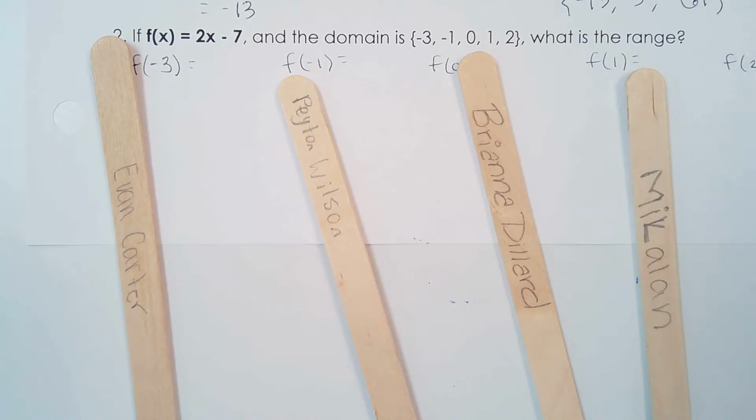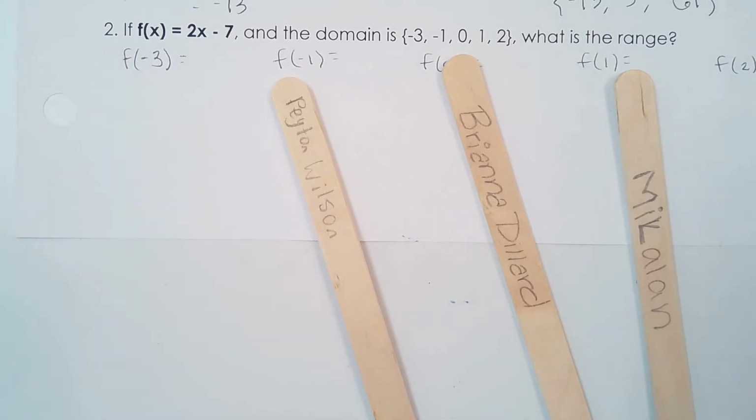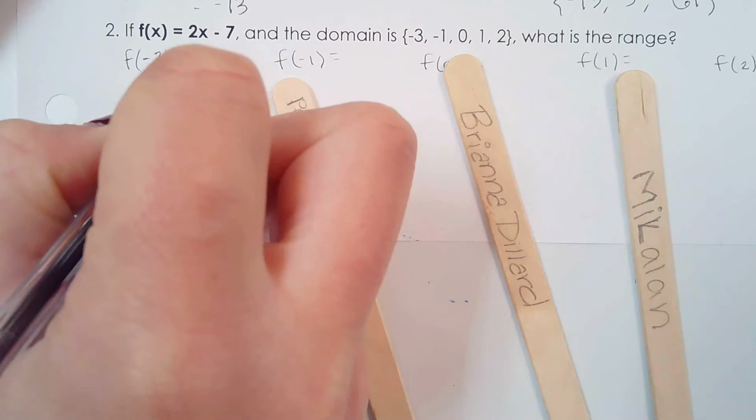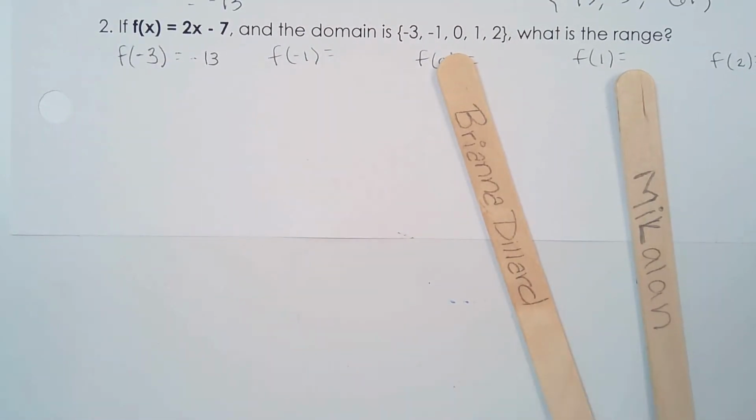So for F of -3, what did we get? Evan, for F of -3, what did we get? Negative 13. Y'all agree or disagree? Agree. Yeah, negative 13 is correct. For F of -1, Peyton, what'd you get? -9. Y'all agree or disagree? You should agree because she's correct.